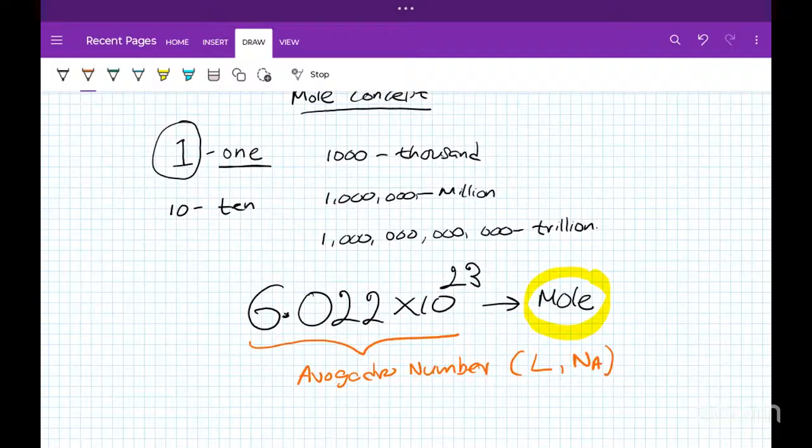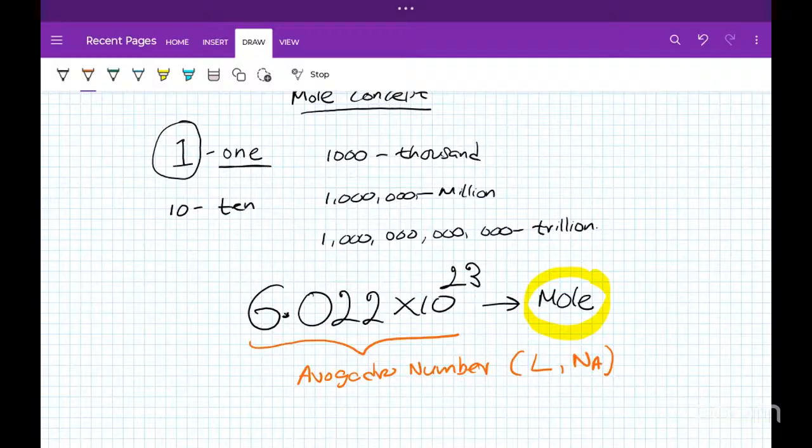So mole is not like magic. It is just a number, right? If you take any parameter, let's say ants, 6.022 into 10 to the power 23 ants, we can say there is 1 mole of ants.